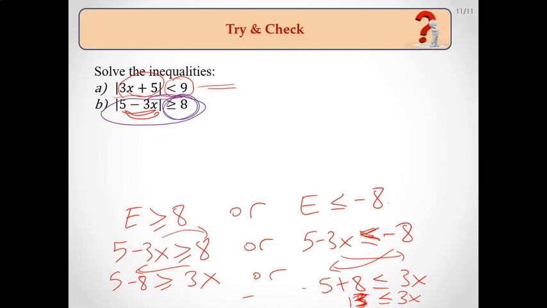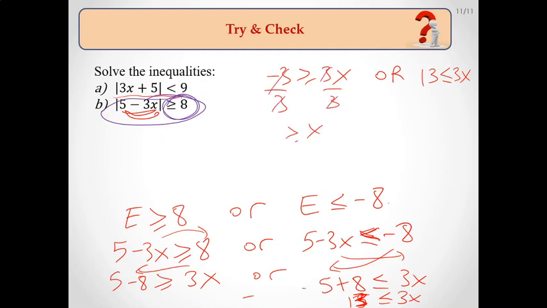So I got this one, minus 3 bigger than or equal to 3x, or 13 is less than or equal to 3x, and divide by 3, x is less than or equal to minus 1, or x is bigger than or equal to 13 over 3.